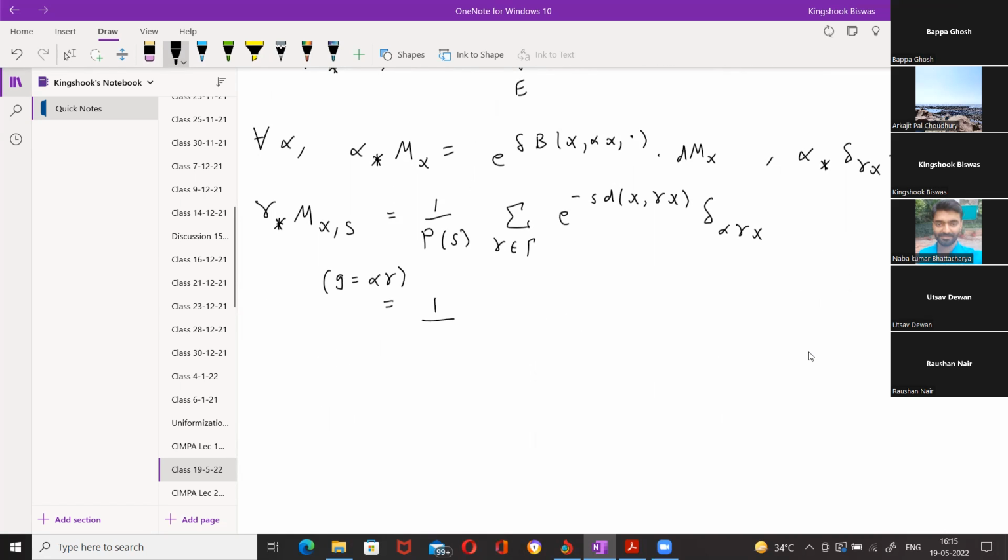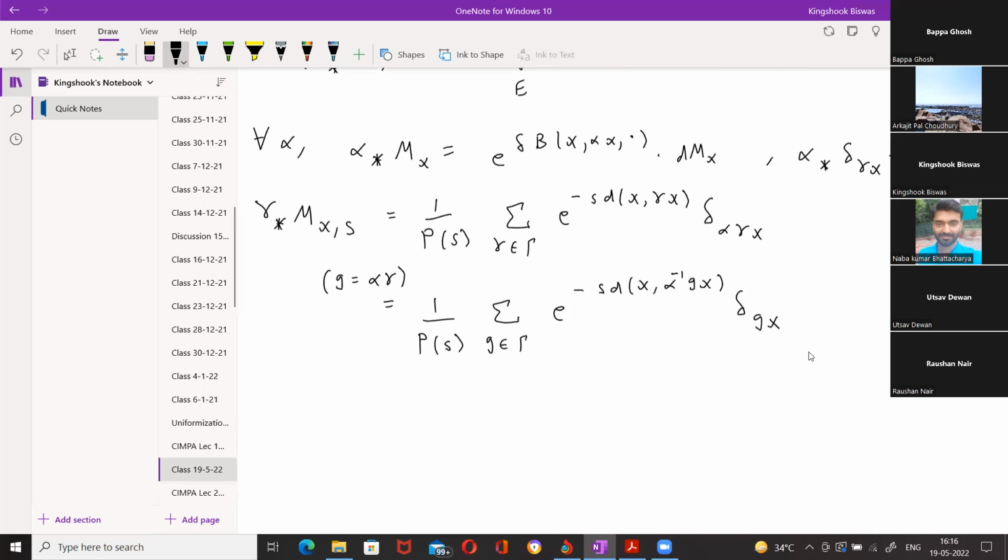So then this becomes 1 over P(s), the sum over g in Gamma of e to the minus s distance(x, alpha inverse g x) times delta gx.